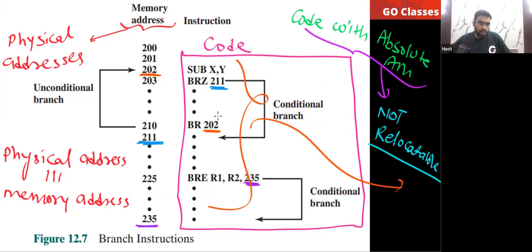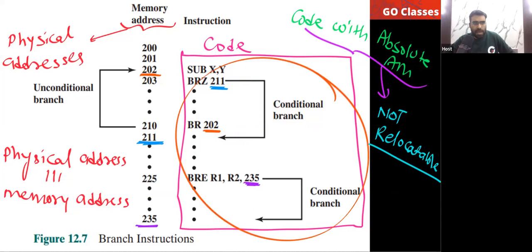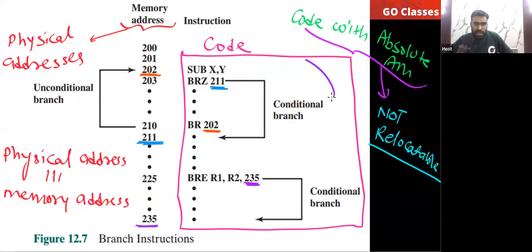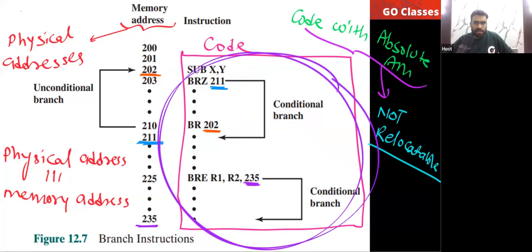Then when this new process's execution is over, the operating system will again bring this program into the main memory. But it is not necessary that you will bring it at the same address. Yes or no?